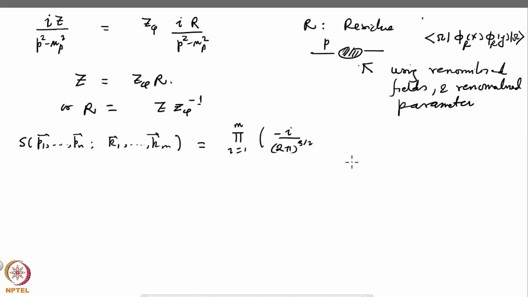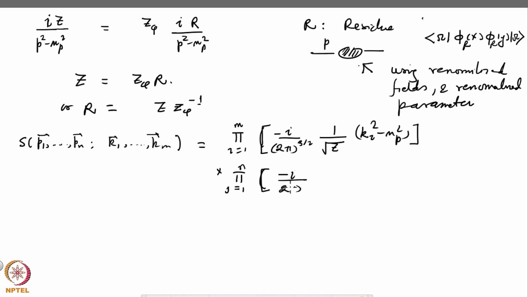Let me write it, it will take a little while to write, but it will be better to do it this way. Let me write it again. I'm just writing the same thing again.